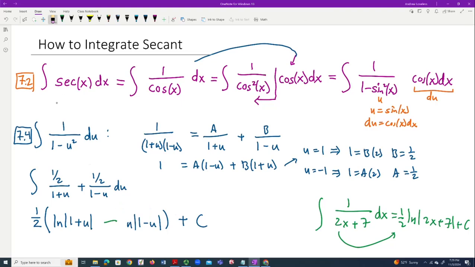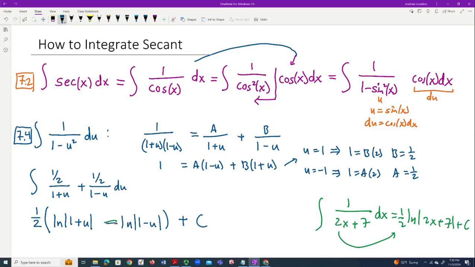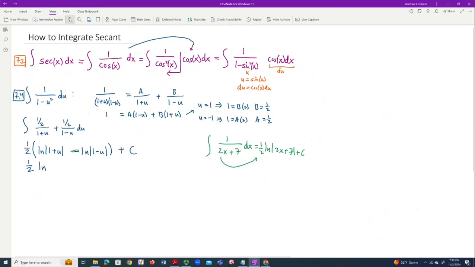So anyways, let's wrap this one up. We're almost done. It's fairly short, but I was explaining and giving some background. So when we're all said and done, we get 1/2 the log. Let me zoom out a little bigger. Sorry if you couldn't see that for a second, if my head got in the way.